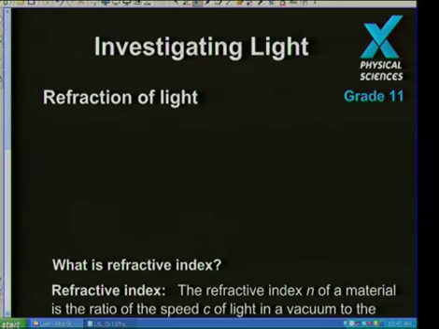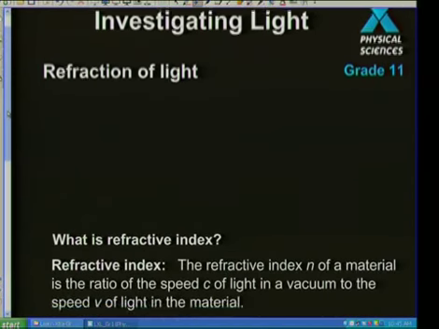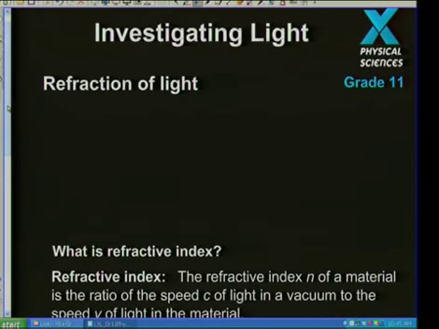So let's move on, and I just want to introduce the next idea. After the break, we're going to look at something called refraction. This is what happens when light passes through a transparent object or even a translucent object.